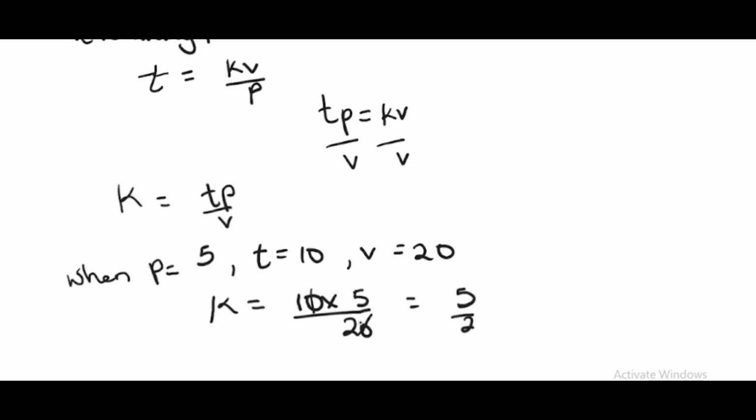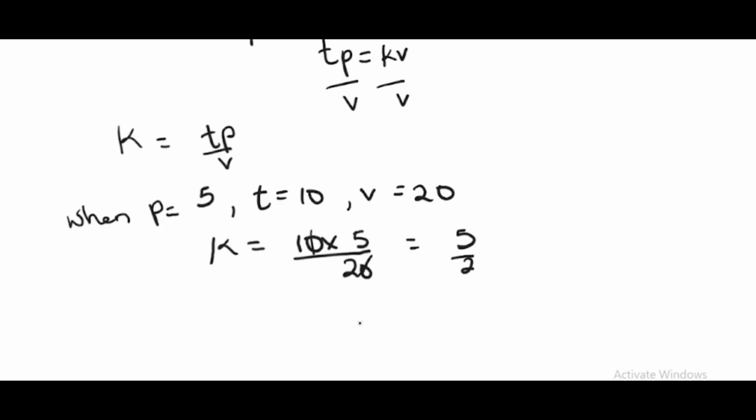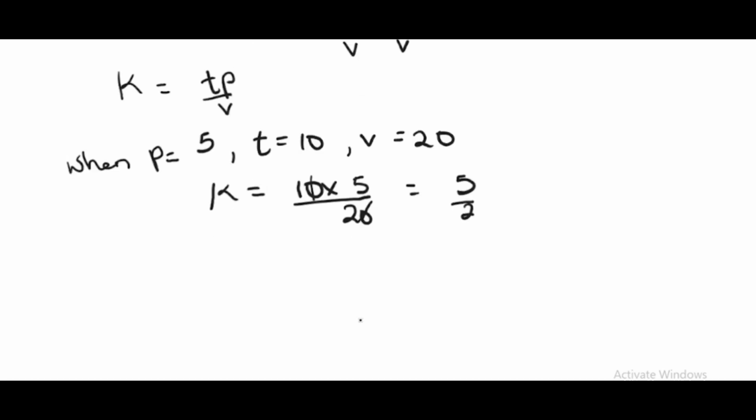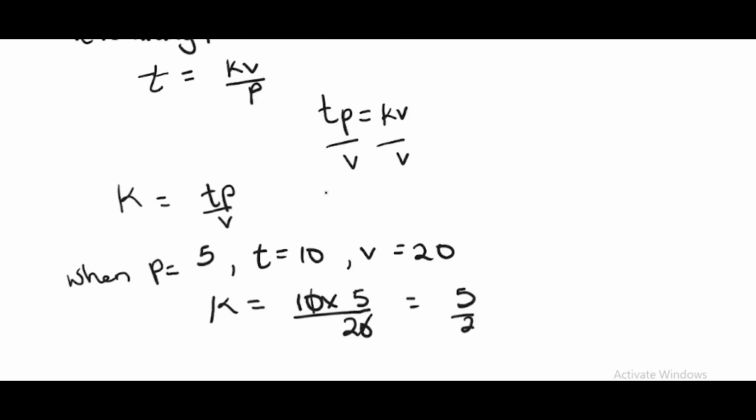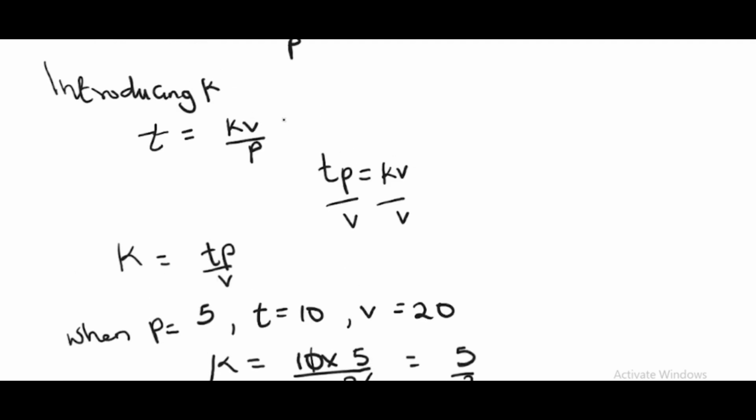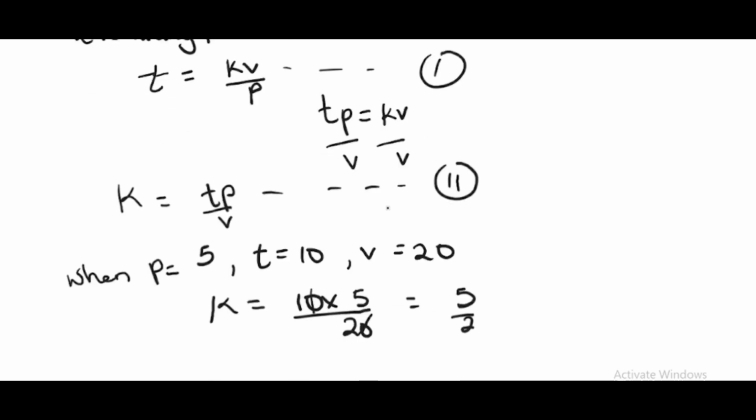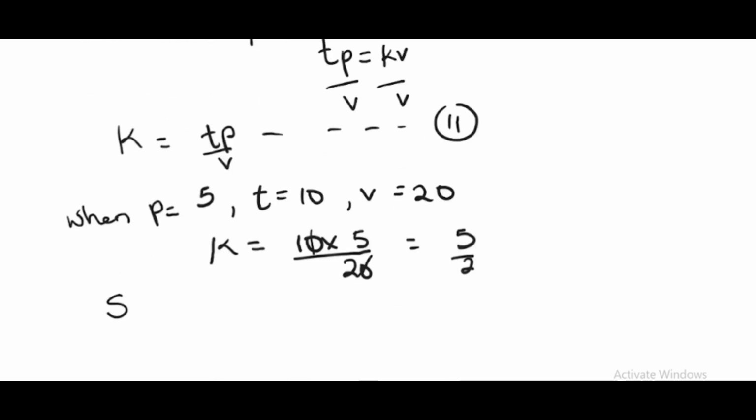Now, if I have my K to be 5 over 2, remember, we have T equal to this, so I'll call this equation 1. And then I have my K equal to that, I'll call that equation 2. Okay, now I've gotten my K, I will substitute K equals 5 over 2 into equation 1.